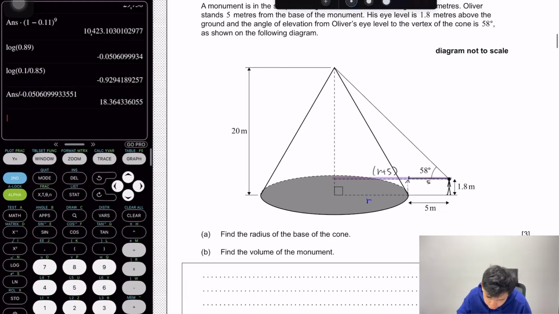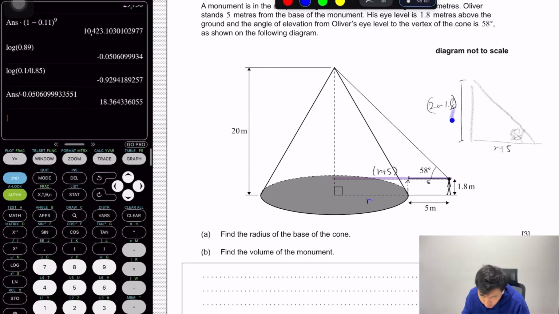If we roughly sketch it out, you're going to have something like this. That's going to be 58 degrees, right? The height, now be careful, because we're going to shift it up by 1.8 meters to adjust for the person's height, so that's 20 minus 1.8. Whereas the bottom is r plus 5. So we can use tangent to solve for it.